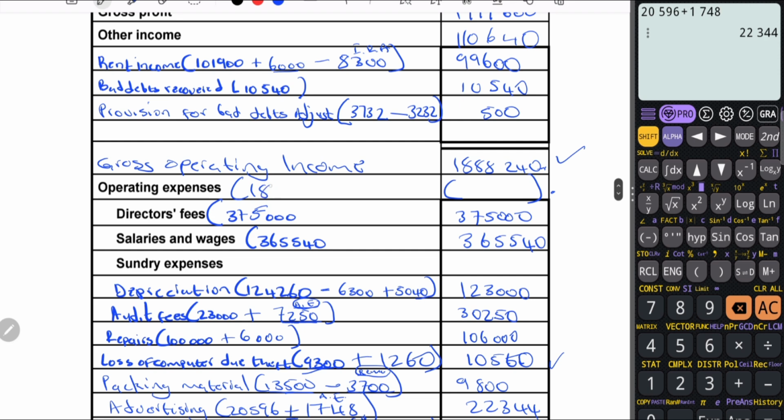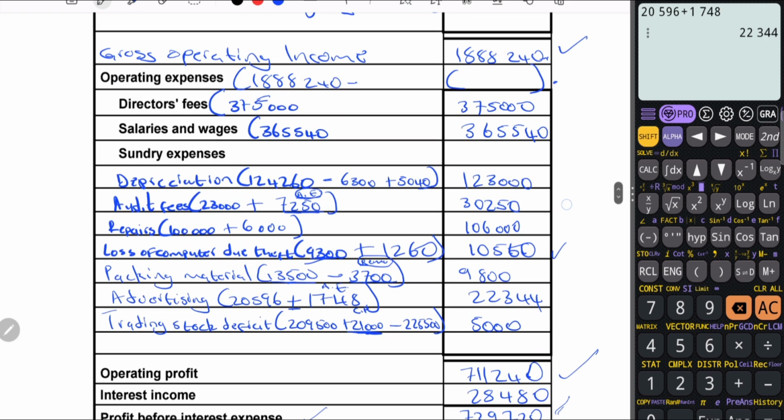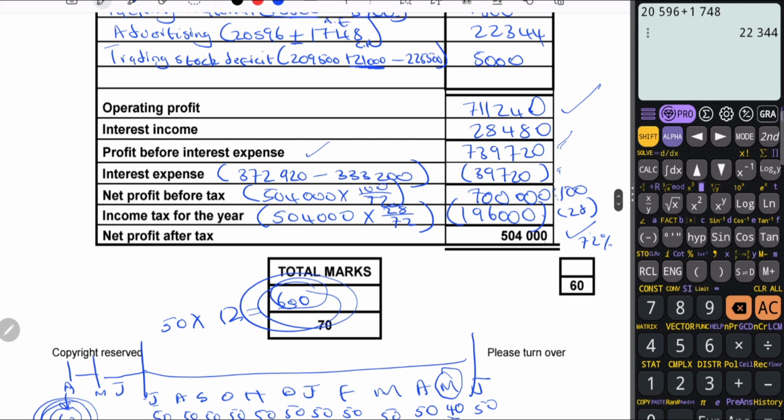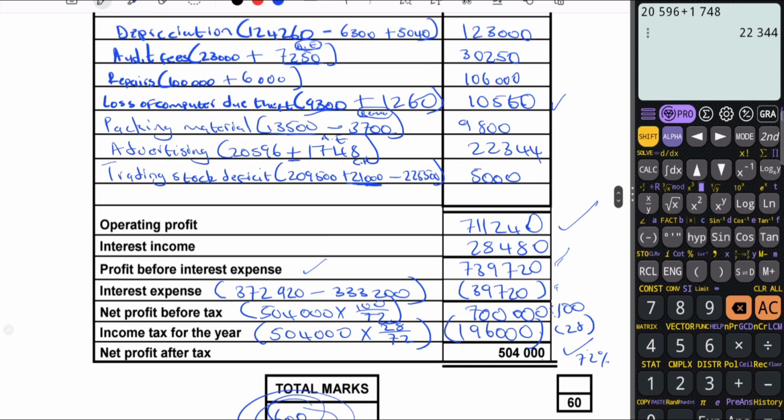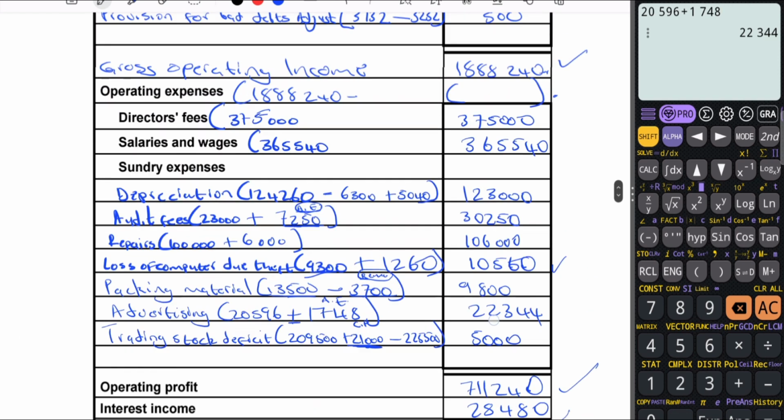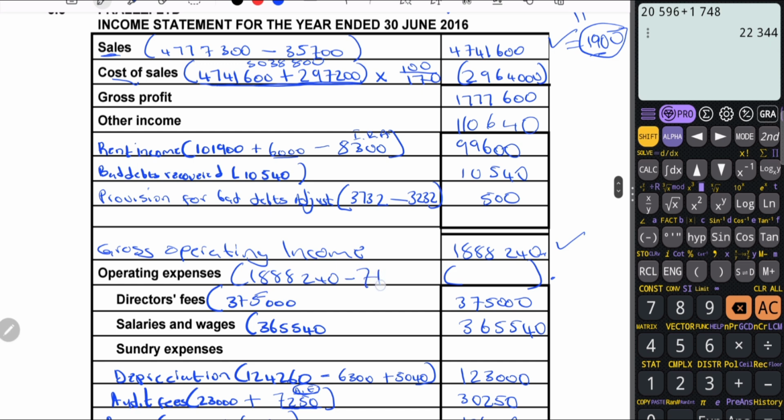It's gonna be 188,240 minus my operating profit, which is 711,240.